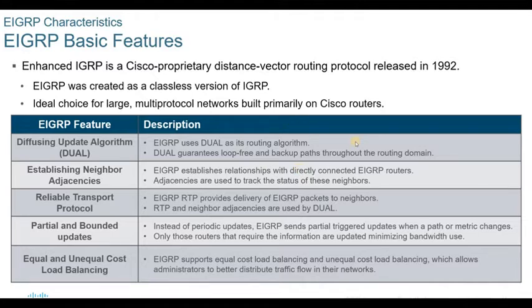Even though this dynamic routing protocol is a Cisco proprietary protocol, in 2013, Cisco released the basic functionality of EIGRP as an open standard to the IETF. So what does that mean?